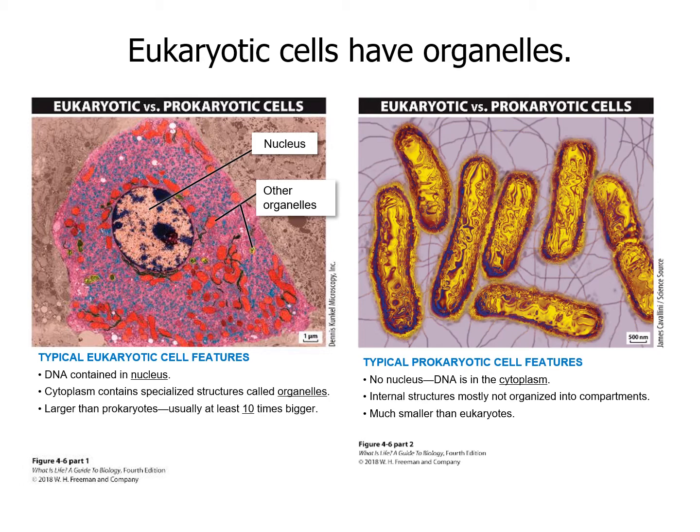So on the left, we have typical eukaryotic cell features, the DNA having a nucleus, or the nucleus surrounding that DNA. We do have cytoplasm, which is going to contain specialized structures called organelles. Now, organelles, as I said before, are structures that act almost like organs, if you want to think of it that way.